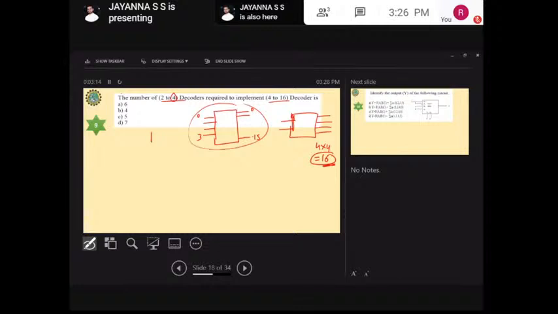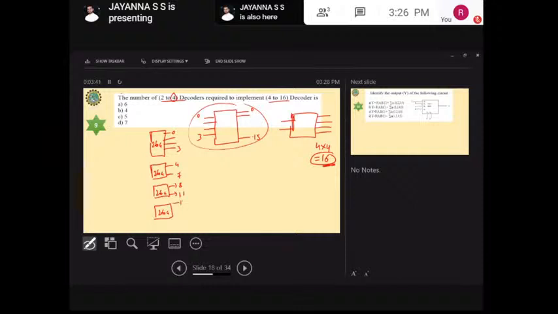So I'm going to write 4, 2 to 4 decoders. I'm going to get outputs from 0 to 3 here, from 4 to 7 here, from 8 to 11, that is 8, 9, 10, 11 here, and from 12 to 15 here.